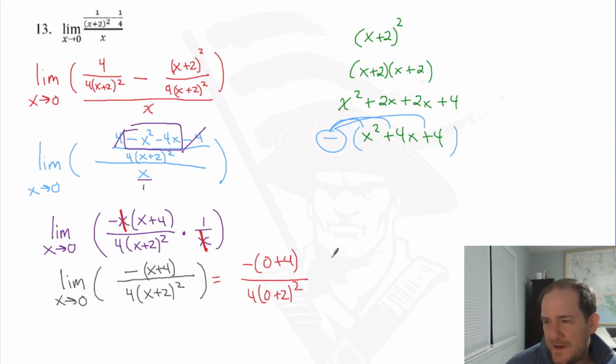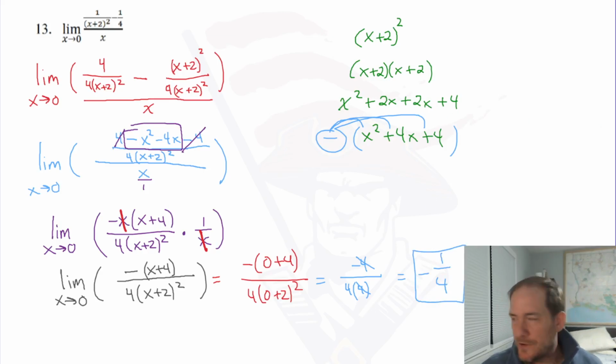So it looks to me like in the numerator we're going to have negative 4. In the denominator we're going to have, yeah, okay, 4 times 2 squared, which is 16. Alright, let one of the 4's cancel, you get negative a quarter. That's your answer, negative a fourth.